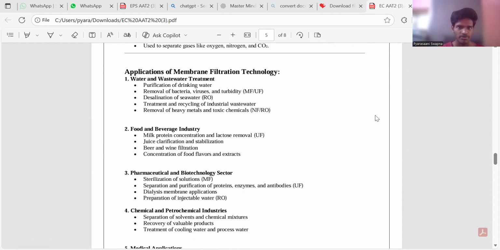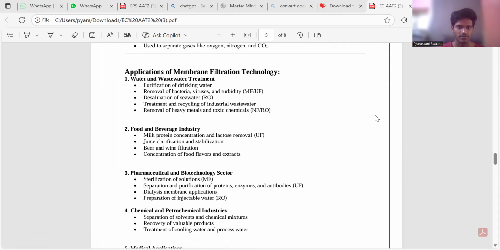Food and beverage industry: milk protein concentration and lactose removal, UF; juice clarification and stabilization, beer and wine filtration, concentration of food flavors and extracts.